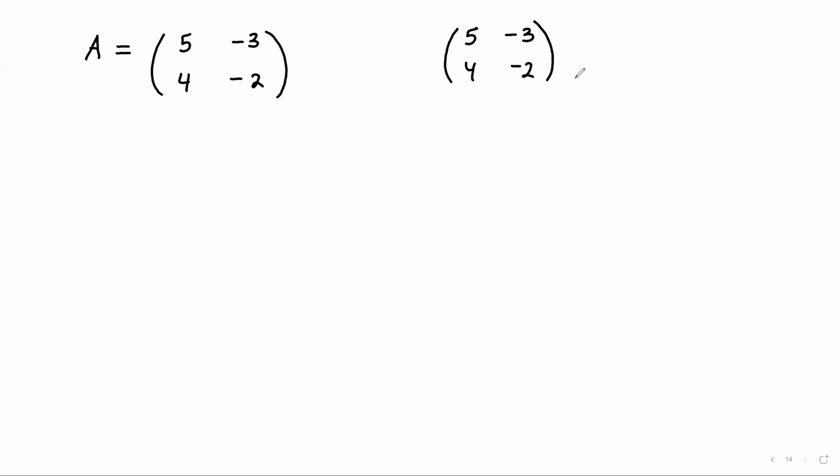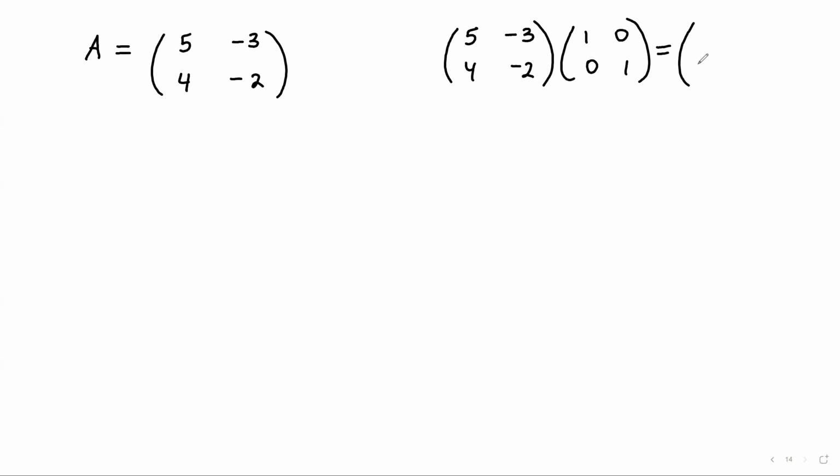So using an example from what we did just now, let's say I have the matrix A, and A is equal to 5, -3, 4, -2. Well, A times the identity matrix will give you back A. Watch. 5, -3, 4, -2 times 1, 0, 0, 1.